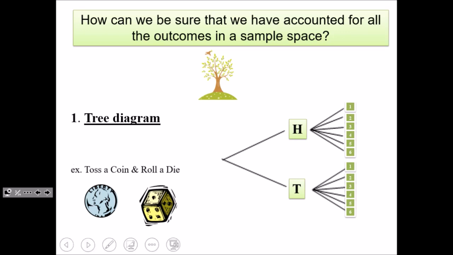Working down the list, I could even work down my list. I could get heads and a 1. I could get heads and a 2. Heads and a 3. Heads and a 4. Heads and a 5. Heads and a 6. I can continue down.